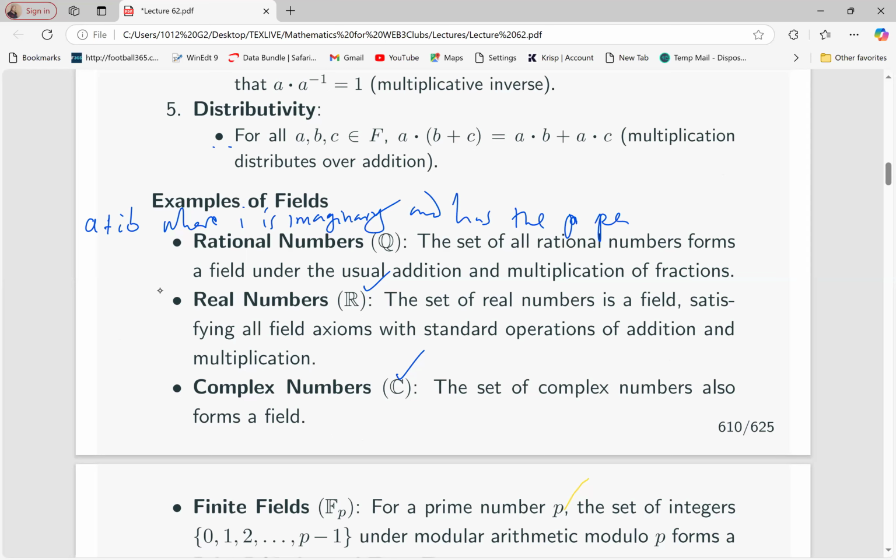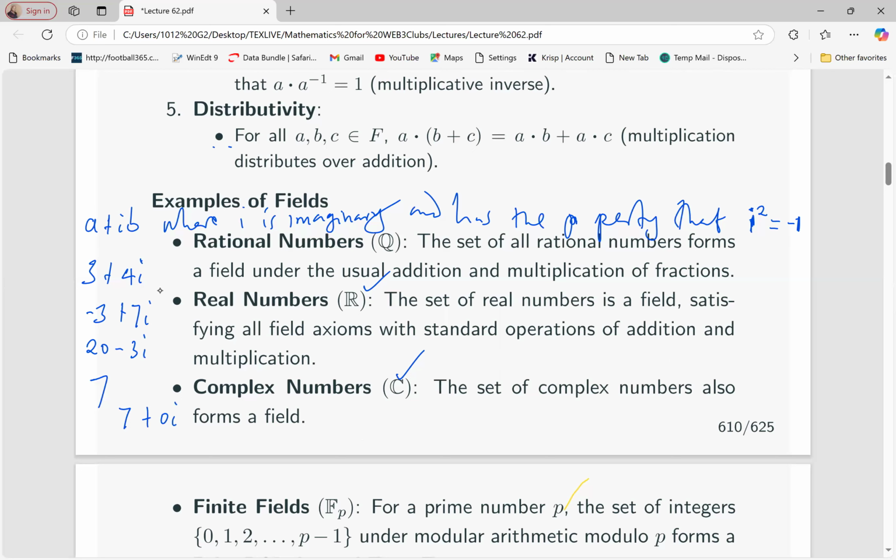So what I mean, therefore, numbers like 3 plus 4i, this is a complex number. Numbers like -3 plus 7i. Numbers like 20 minus 3i. Any number combined with another number that has an i is a complex number. Even numbers like 7 are complex numbers because 7 can be written as 7 plus 0i.